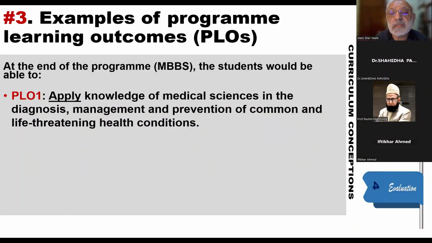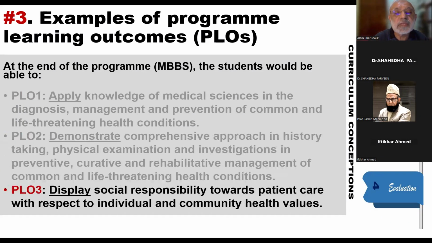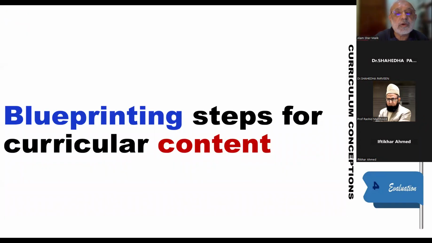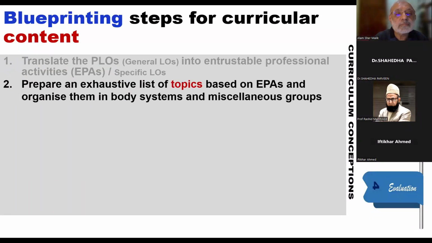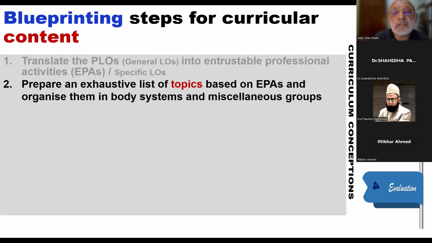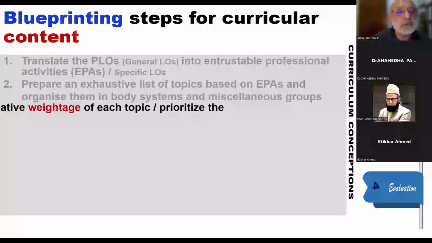So we have to identify the common and life-threatening health conditions in that situation before we identify the topics that should be taught in the medical school. So once we have made an exhaustive list of topics based on the EPAs and organized them under body systems, those topics which cannot go into the body systems, we can put them under miscellaneous group.